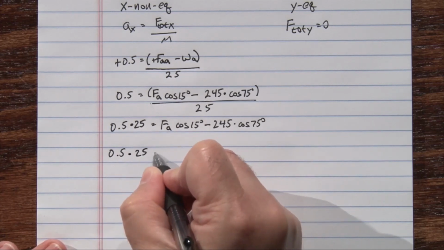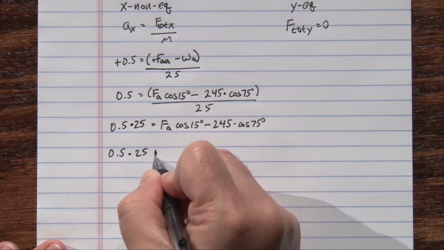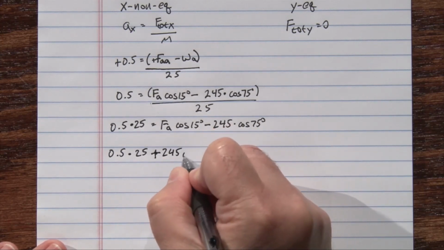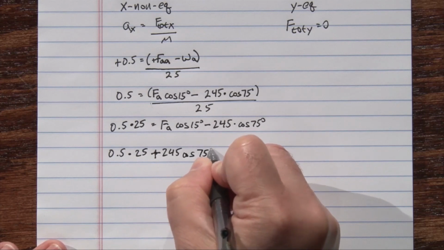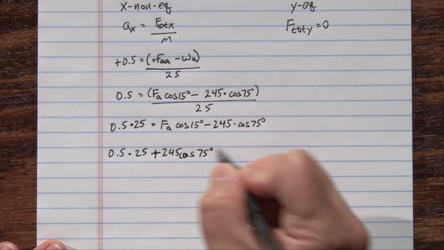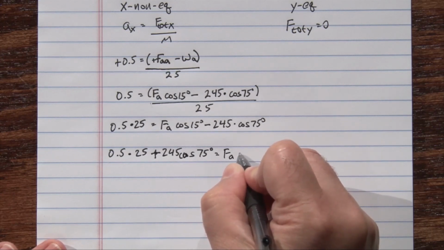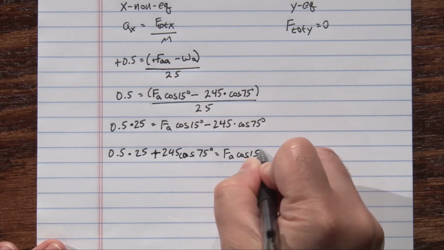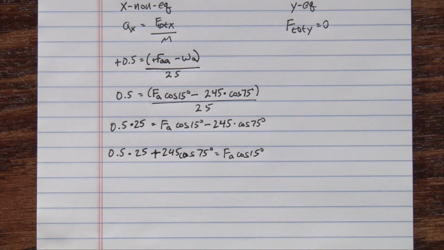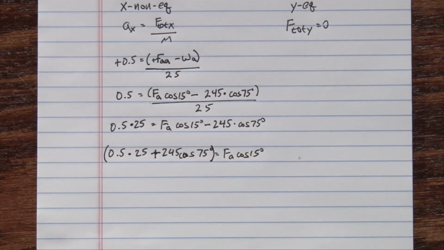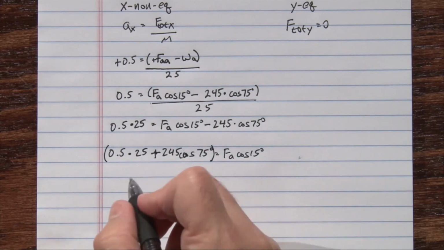25 plus 245 cosine of 75 degrees is equal to force applied times cosine of 15 degrees. And I'll put parentheses around this, and then divide both sides of the equation by cosine of 15 degrees.